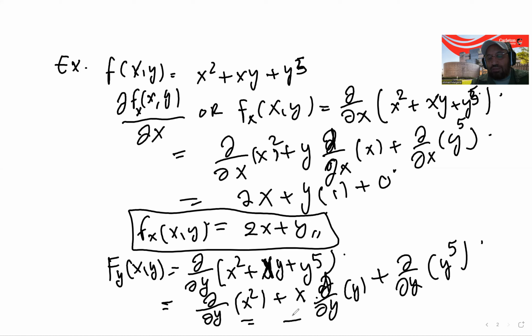Then we have plus x times the derivative of y, which is 1, and also plus the derivative of y to the power of 5 with respect to y, which is 5y to the power of 4.